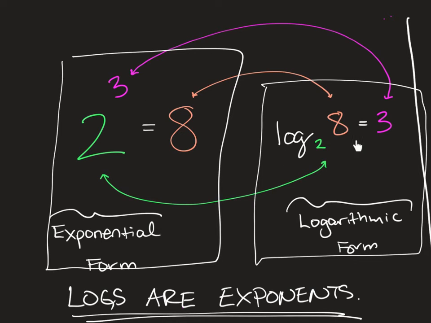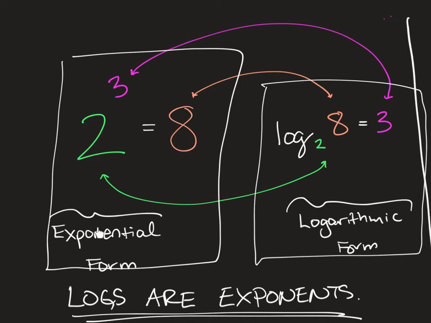So what you are solving for is an exponent. 2 is the base, and that's why we also refer to it as a base over here. 8 is what we call the argument. You could think of it as the answer. That's fine. I always have to look up that that's called the argument, so don't worry too much about that word. And the exponent here ends up being the answer.